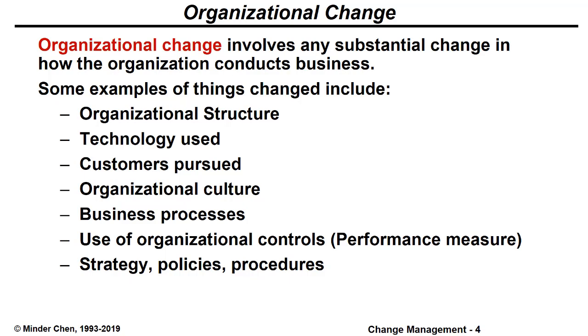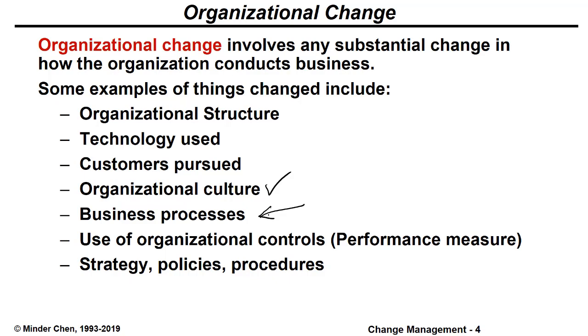Changing organizational culture is also a very challenging one, because organizational culture is very difficult to grasp exactly, but at the same time it's a very important factor that affects the success and failure of an organization. Business process change is also a frequently occurring event which requires a lot of attention.